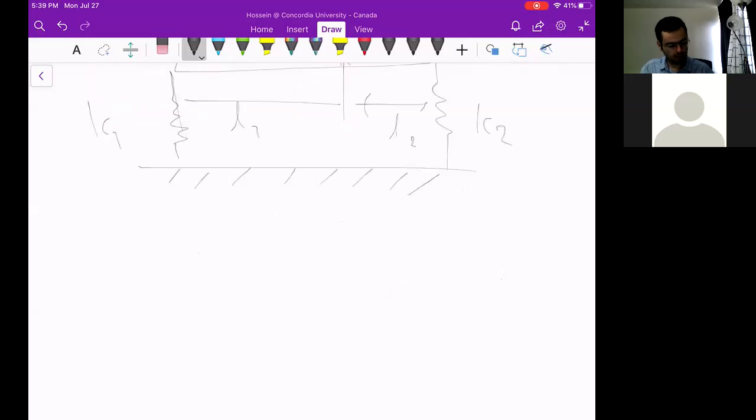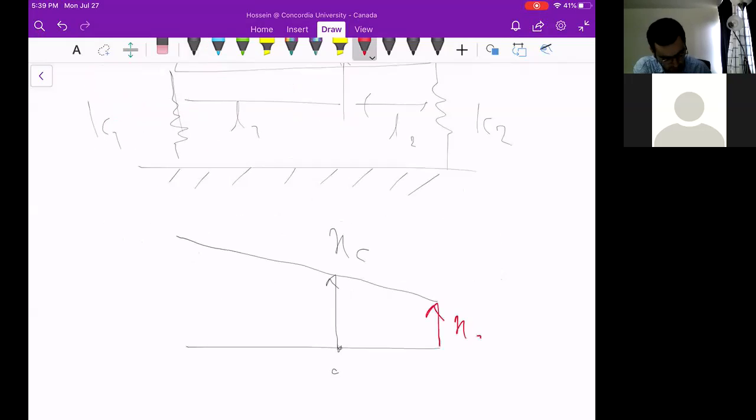So for deriving the equation of motion, let's say this is the first position of the uniform bar, and C, center of gravity, will go here, x of C, and rotate like this. So this is basically x2. This can be called x1. Okay, we have to use x1 and x2 to derive the equation of motion.